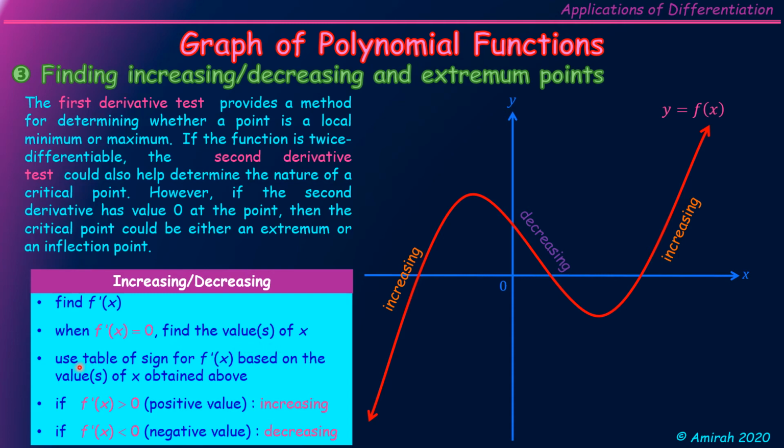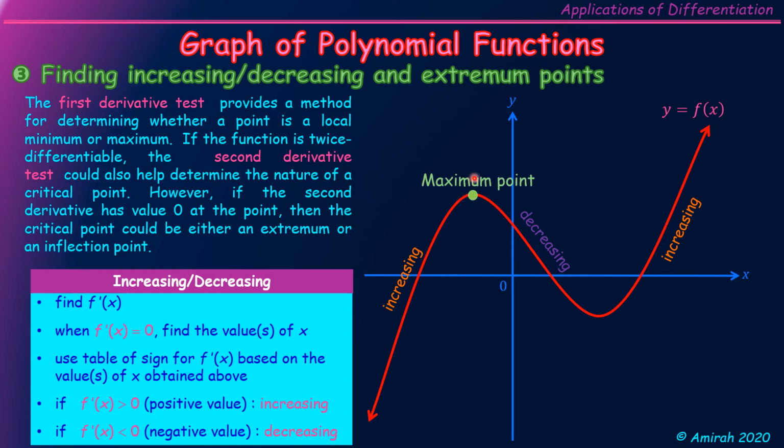And after that, we need to use table of sign for f prime x based on the values of x obtained above. If the first derivative has positive value, it means it is increasing. And if the first derivative has negative value, it means it is decreasing.